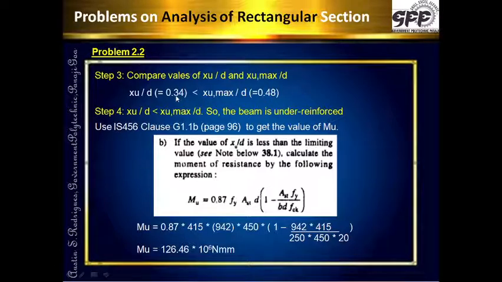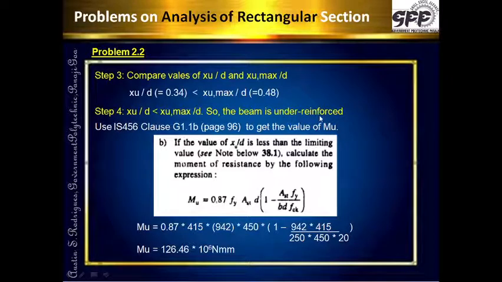So 0.34 is less than 0.48. Now what do we infer from here? Step number 4. When Xu/d is less than Xu max/d, the beam is an under reinforced beam. We find that the beam is under reinforced beam. So that's our inference, very important inference which we have got.